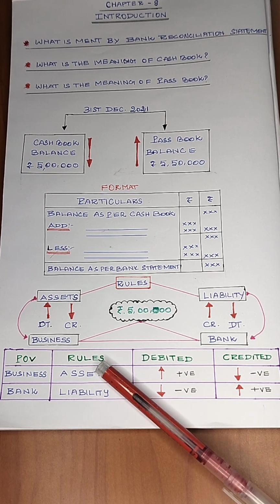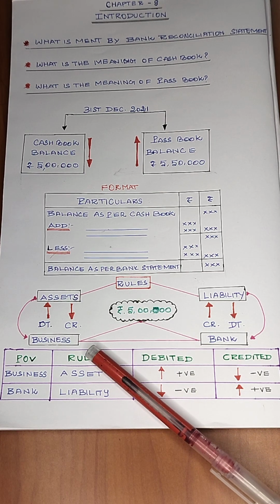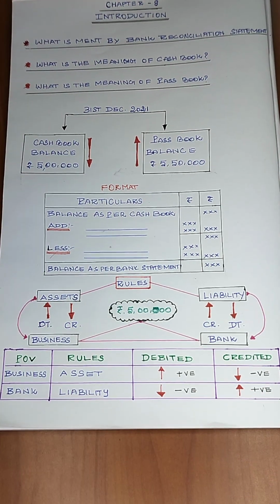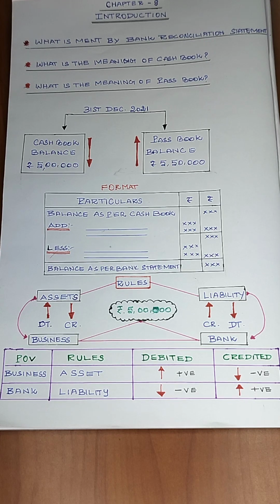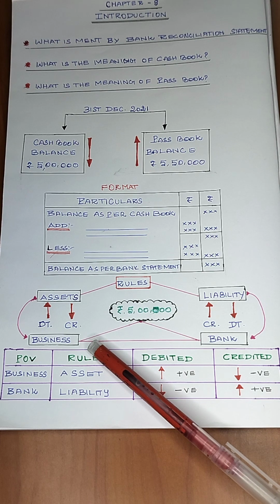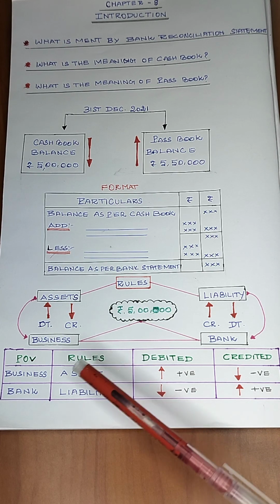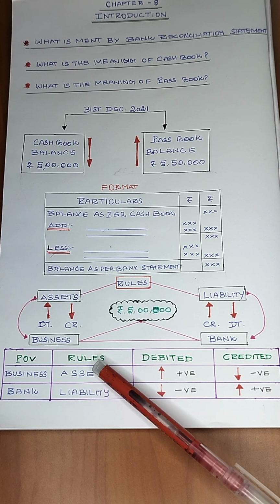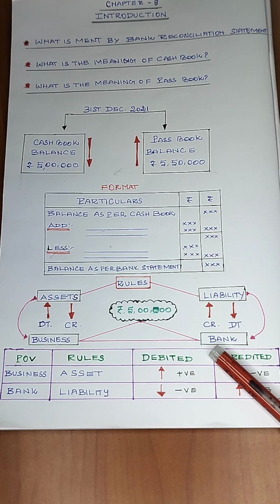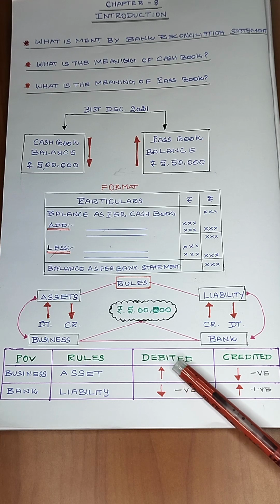The business is the customer of the bank, right? Because the business needs to open an account with the bank. So the business opened an account with the bank, isn't it? So the business is the customer. The customer deposited that 5 lakh rupees into the bank. So the business owns that money. The bank is just keeping that money.